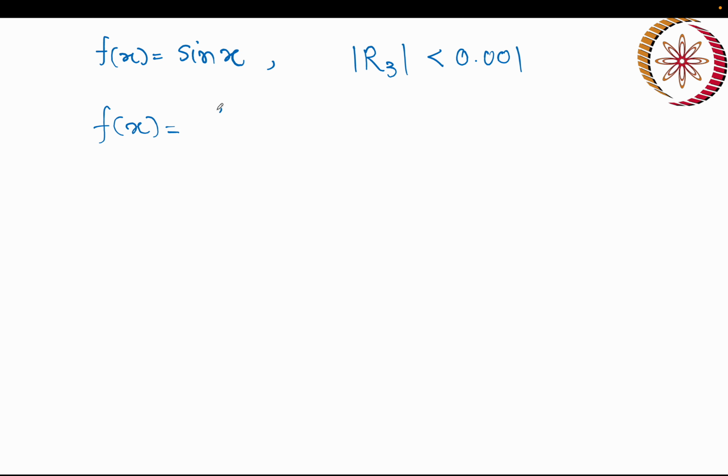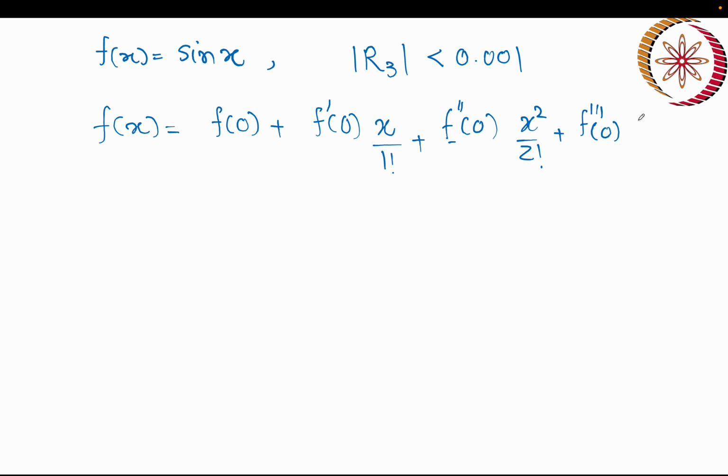So f(x) is equal to, this is nothing but the Taylor series expansion: f(0) plus f'(0) x by 1 factorial plus f''(0) x squared by 2 factorial plus f'''(0), the third derivative, x cubed by 3 factorial plus R3.